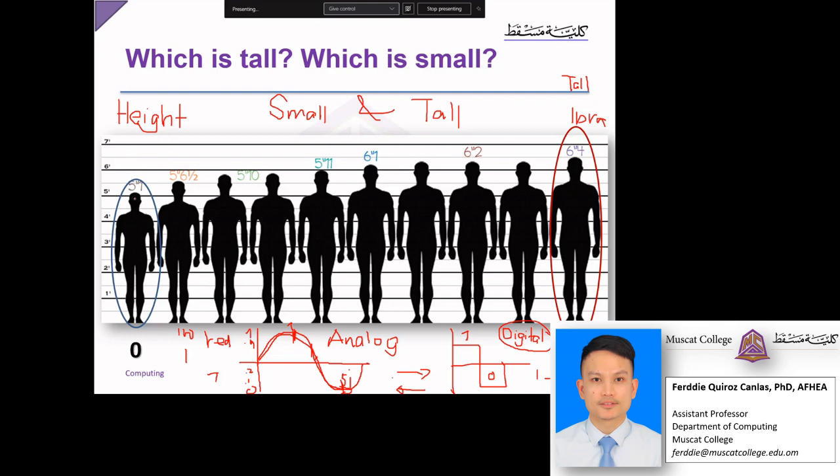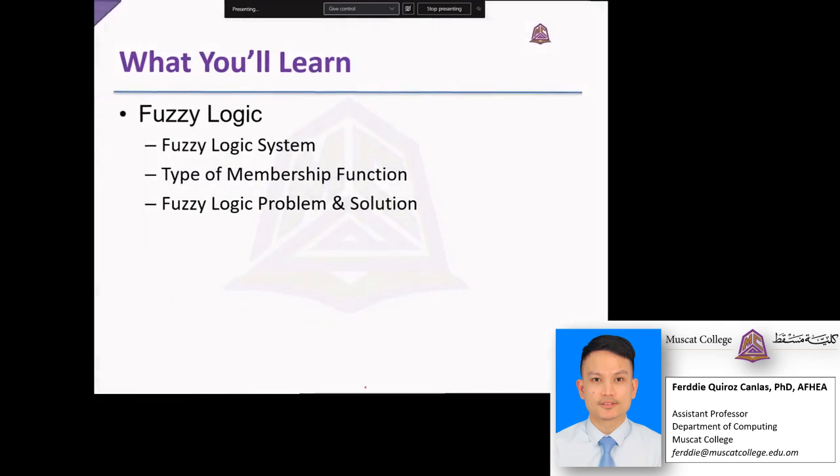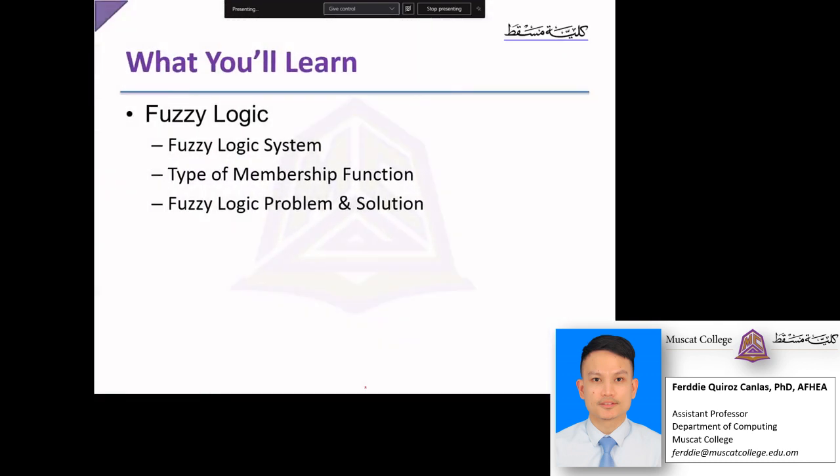We know it. 5-1 is small, no debate on this. 6-4 is tall, no debate on this. The debate or the argument is only in the middle. We want to determine these people in the middle. We want to categorize them. Are they really small or tall? So we can solve it using this technique in artificial intelligence, which we call fuzzy logic.